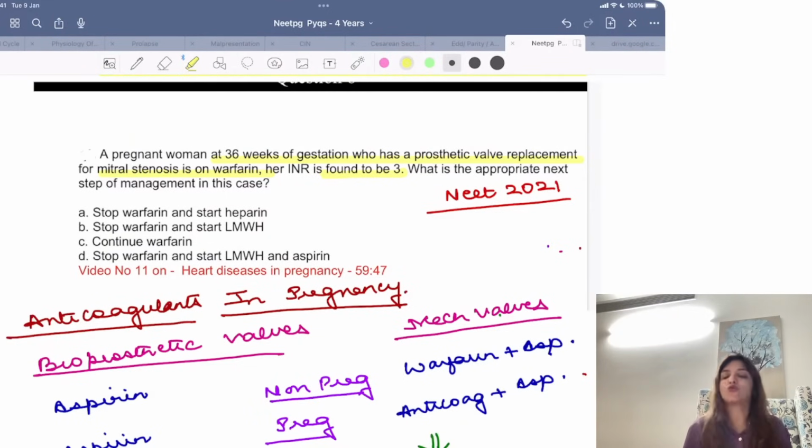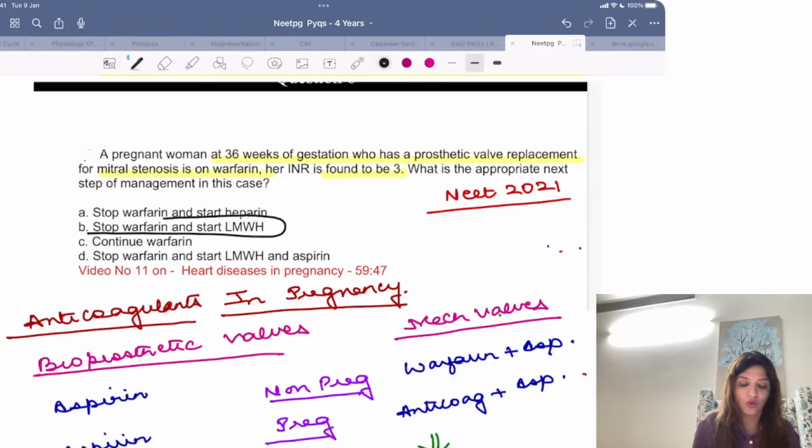At 36 weeks, whenever your patient is on an anticoagulant and that anticoagulant is warfarin, because warfarin is a very strong anticoagulant, number one, and number two, because warfarin can cross the placenta and go into the fetus, that is why at 36 weeks of pregnancy we replace warfarin and start low molecular weight heparin. So you are going to stop warfarin and start low molecular weight heparin.